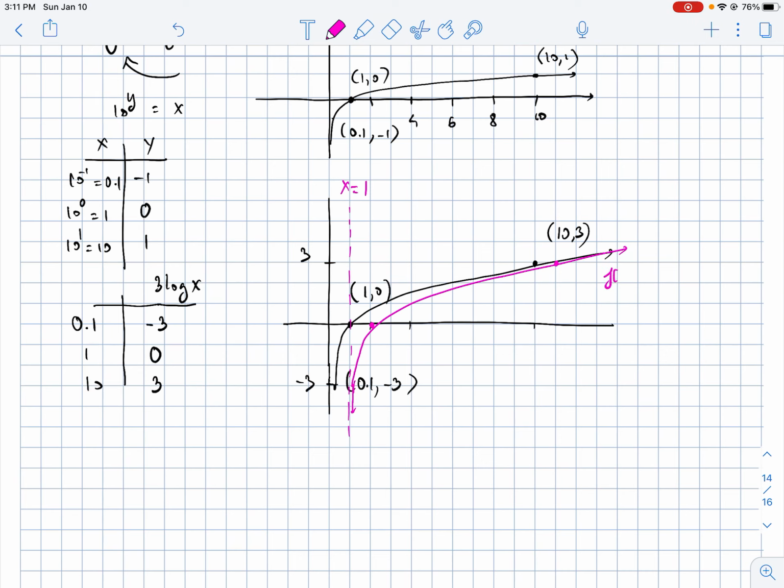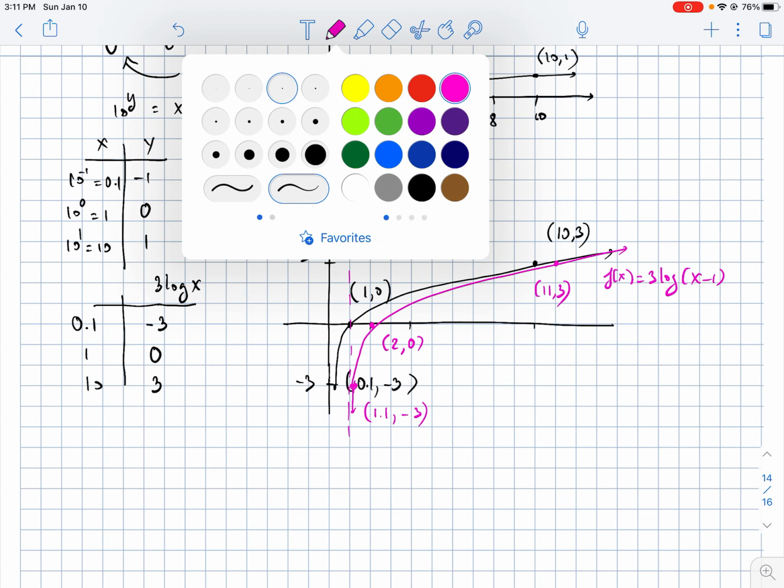The pink color is the function f of x equals 3 log base 10 of x minus 1. You can fill in the points (2, 0), (11, 3), and the point below is (1.1, negative 3).